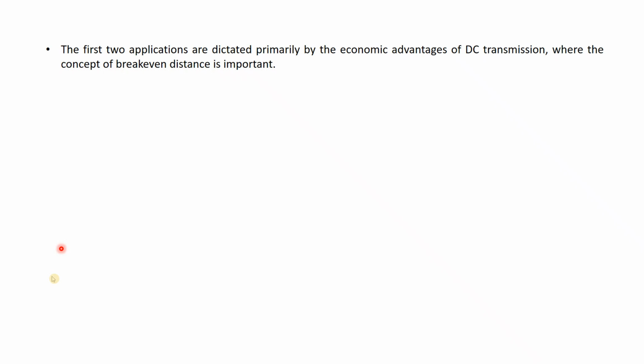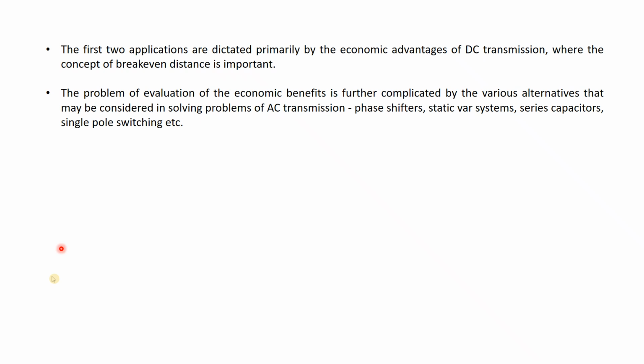Now the first two applications are dictated primarily by the economic advantages of DC, where the concept of break-even is very important. The problem of evaluation of the economic benefits is further complicated by various alternatives that may be considered in solving the problems of AC transmission, such as phase shifters, static VAR systems, series capacitors, single pole switching, etc. So these problems are eliminated in HVDC.